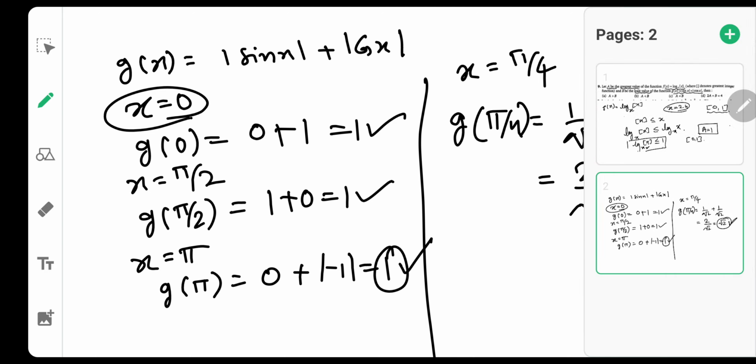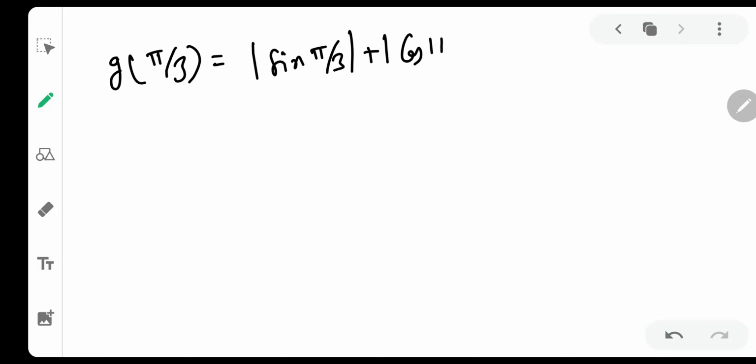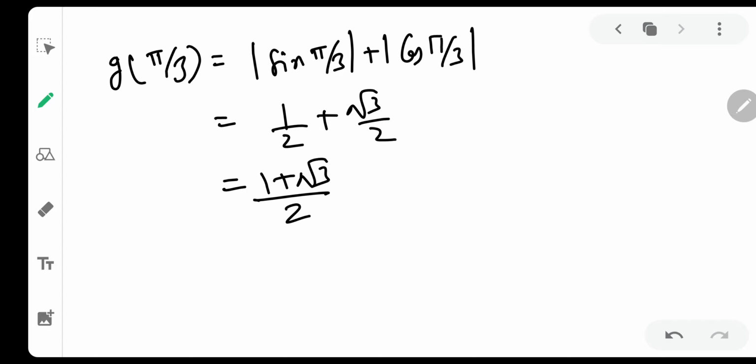So what I'll do, I'll put down the value of x as pi by 3. So g(pi by 3). So mod of sine of pi by 3 plus mod of cos of pi by 3. So as you can see, this will simply be half plus root 3 upon 2. It will be 1 plus root 3 upon 2. 1 plus 1.73 approximately upon 2. So this will be 2.73 upon 2.